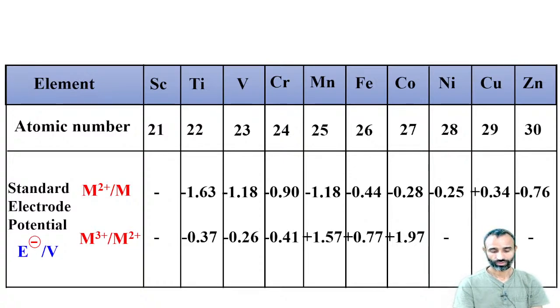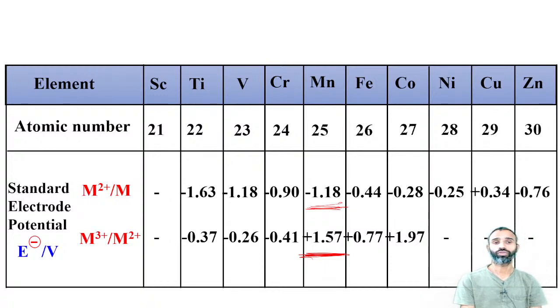See, it becomes minus 1.18 in case of M3+ to M2+, it becomes positive, that is plus 1.57.